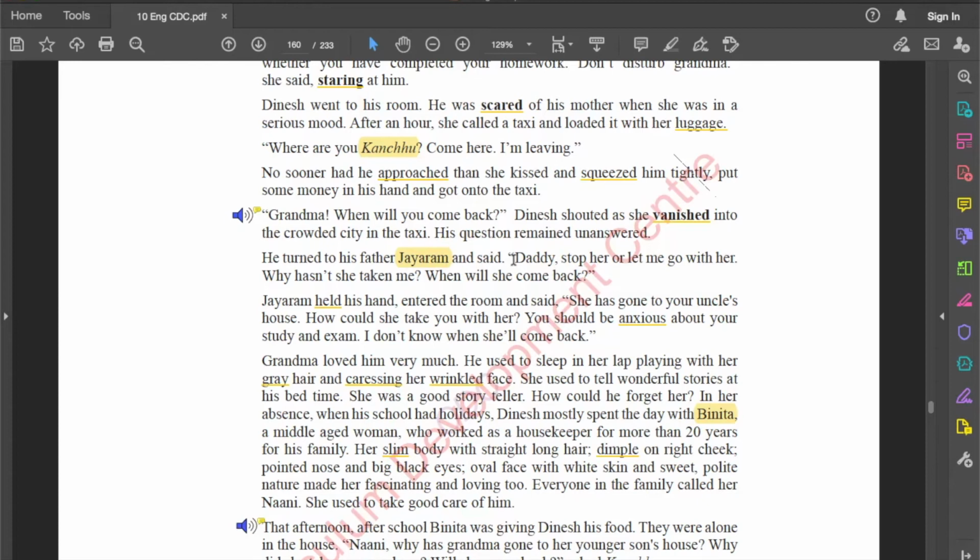Jairam held his hand. Held. He took his hand, he caught his hand, entered the room and said, She has gone to your uncle's house. How could she take you with her? You should be anxious about your study and exam. I don't know when she'll come back.